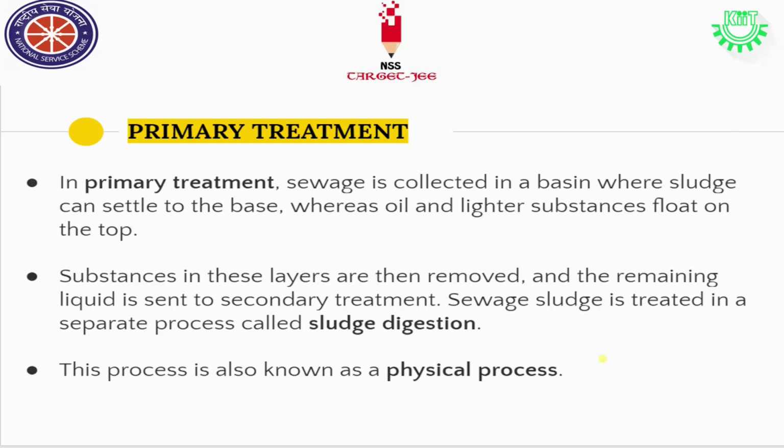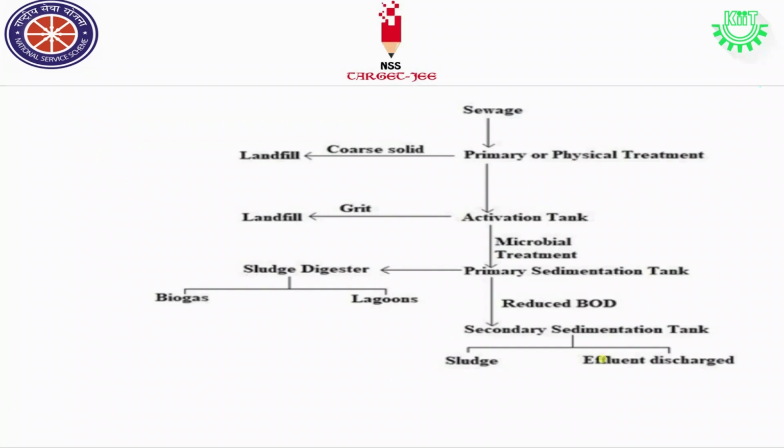These can come as a short question. So, all solids that settle from the primary sludge and the liquid of the effluent are then sent for secondary treatment. As this process deals with physical removal of large and small particles, this is known as the physical process.